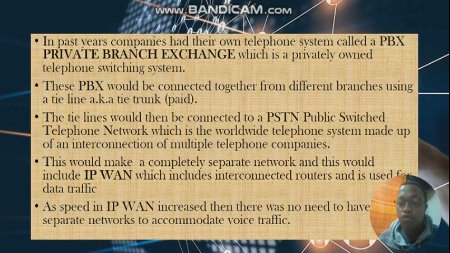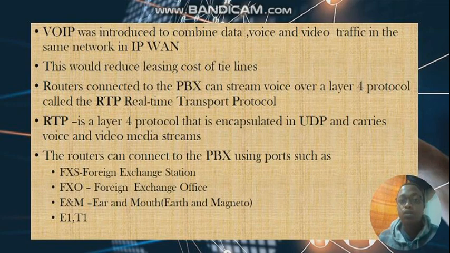So voice over IP was introduced to combine data, voice, and video traffic in the same network as IP1, like we just talked about earlier, and this would reduce the leasing cost of tie lines that would connect different branches.